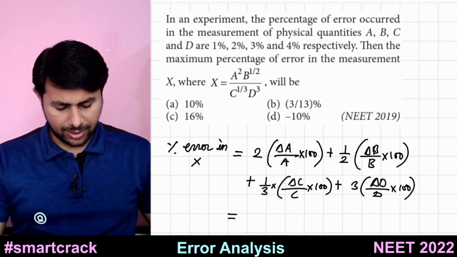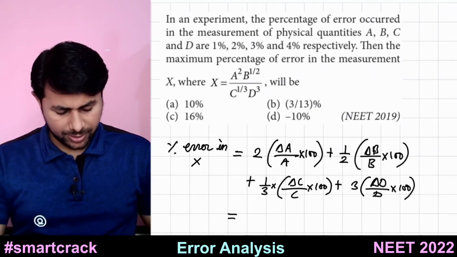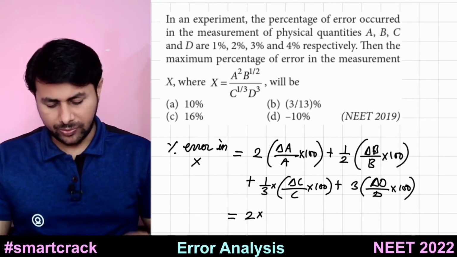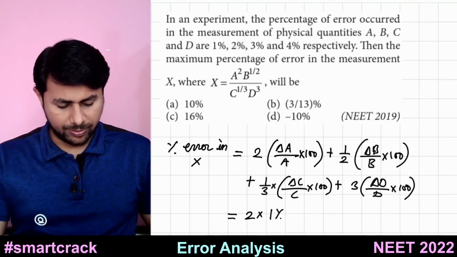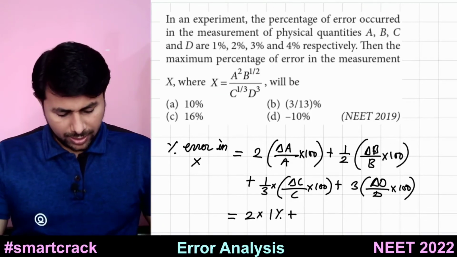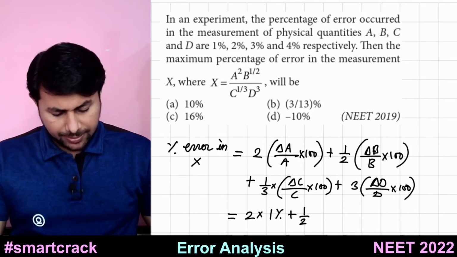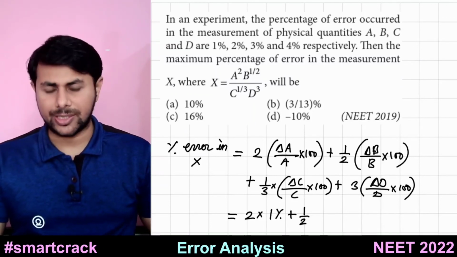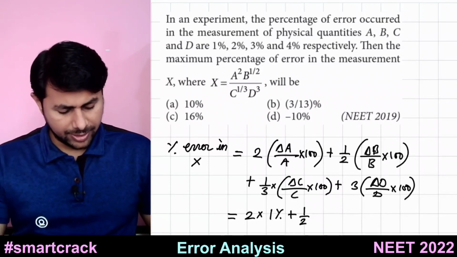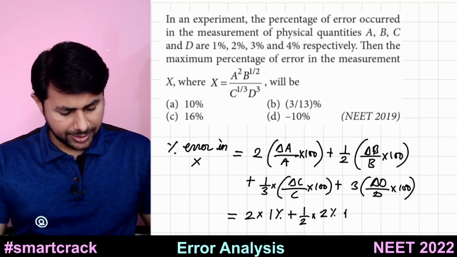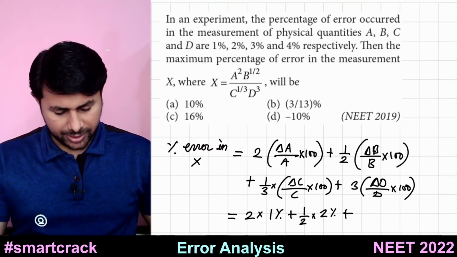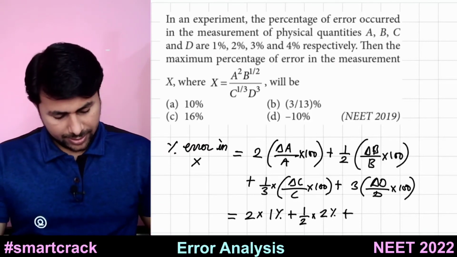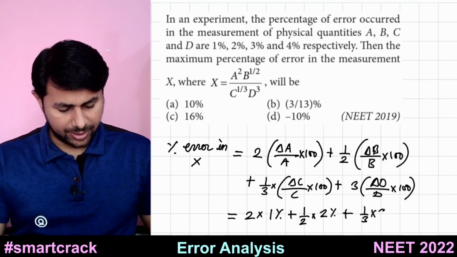Alright, and now let's again substitute the values. So we have 2 times of percentage error in A is 1%, so 2 times of 1%, plus we have half multiplied by percentage error in B, which is 2%. So half times 2% plus 1/3 of how much? 1/3 of 3%. So 1 by 3 times 3.